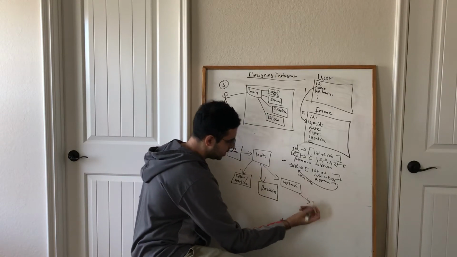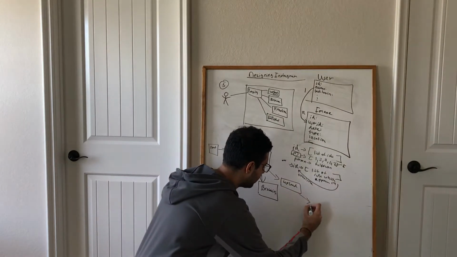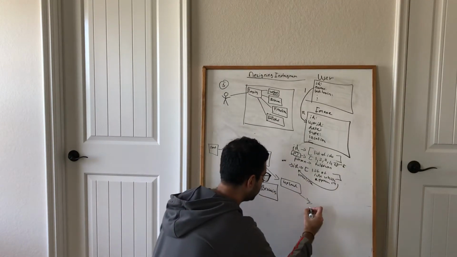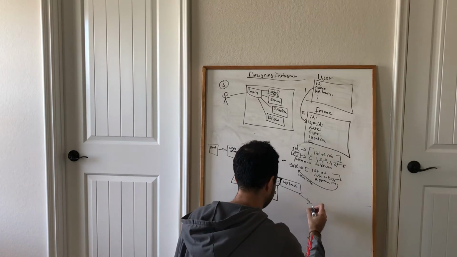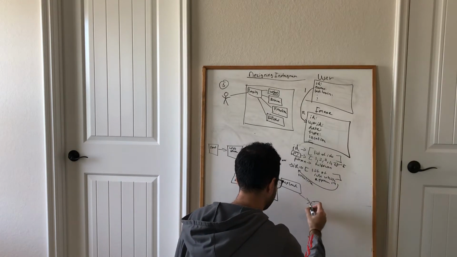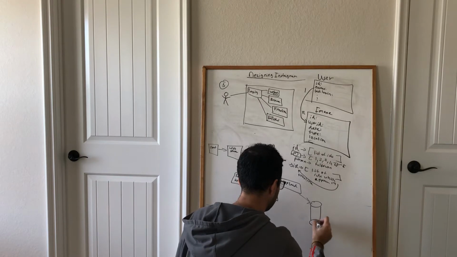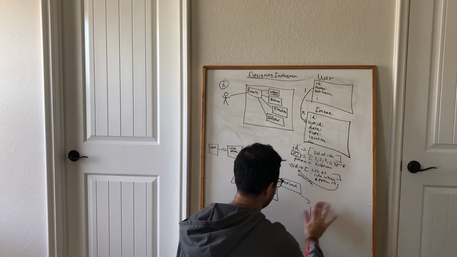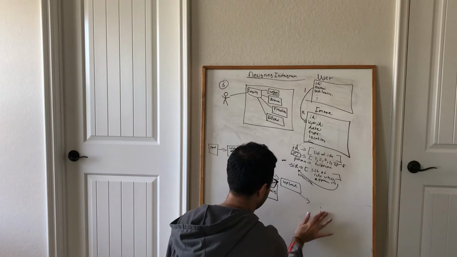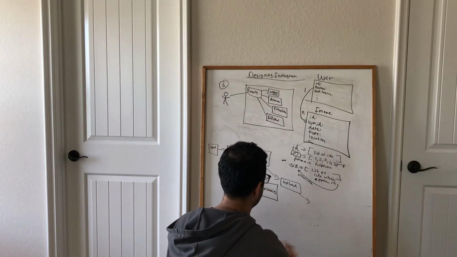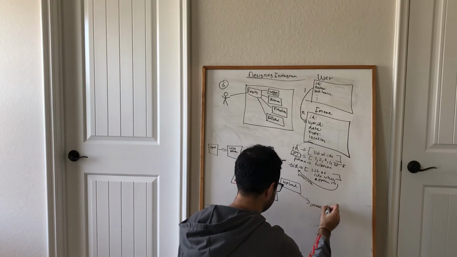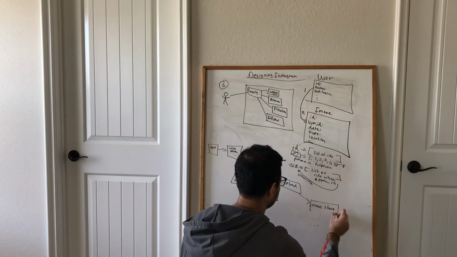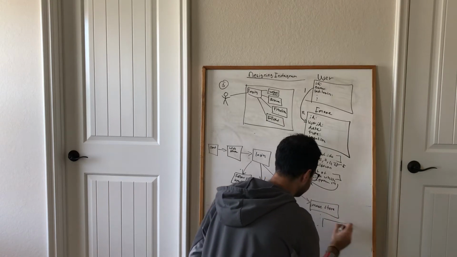When we upload, this upload service will touch an image store. Let's define an image store. This would be an image store, and we could have multiple image stores for redundancy.